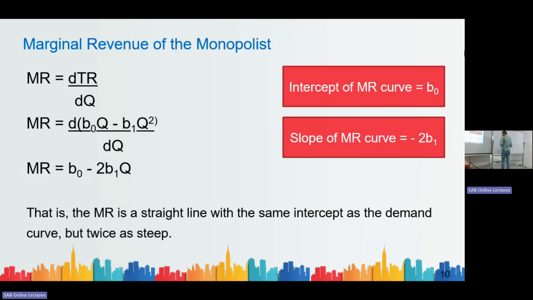And the marginal revenue curve will be twice steeper. So this is the demand curve, and this is its slope.